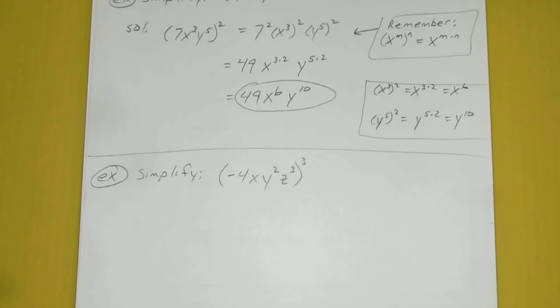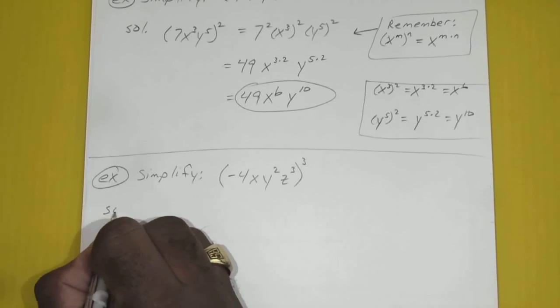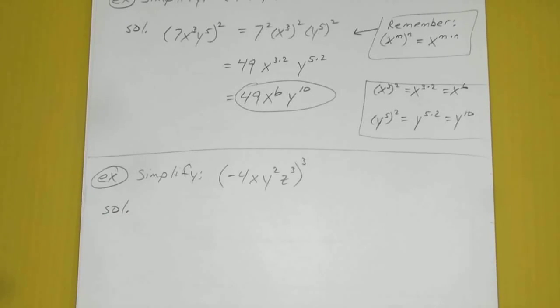Now this one you can really do two different ways, but I'll do it the way I normally do it, then I'll do the second way, and you can figure out which one you like best.